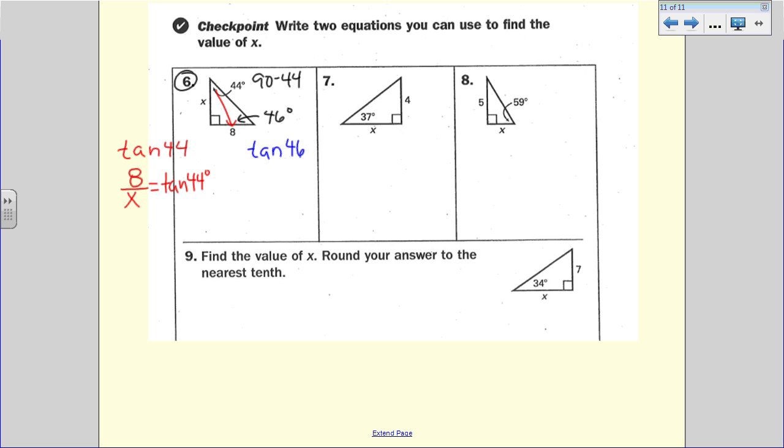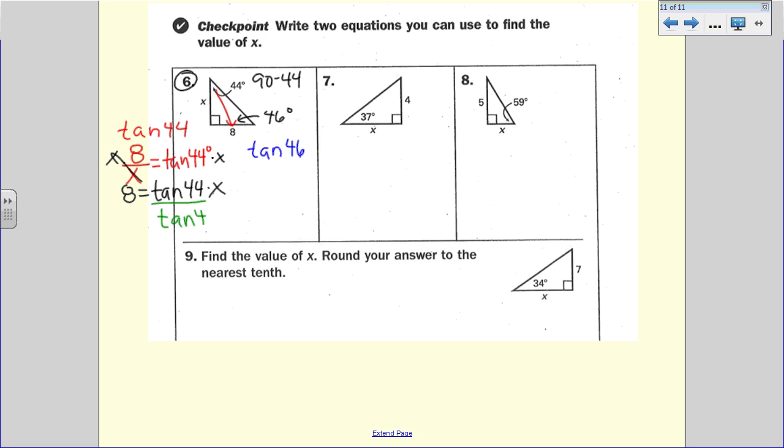So for the 44 degree angle, I'm going to multiply by x. I get 8 is equal to the tangent of 44 times x. And so now when we look at this, I have to divide by tangent of 44.